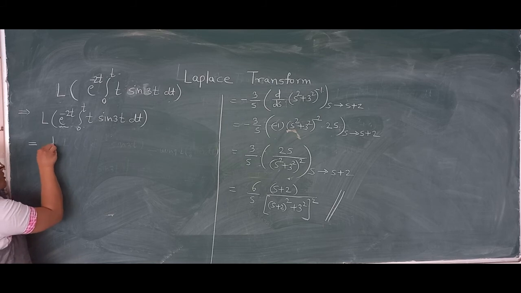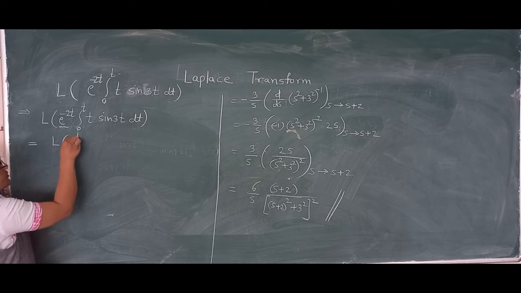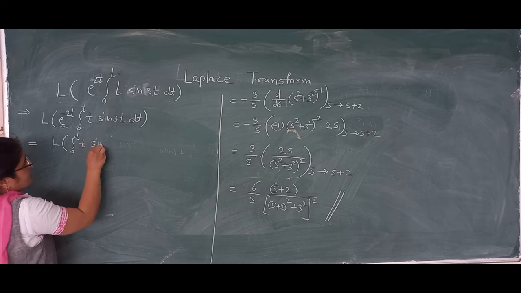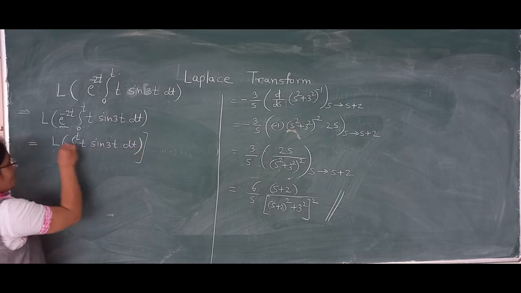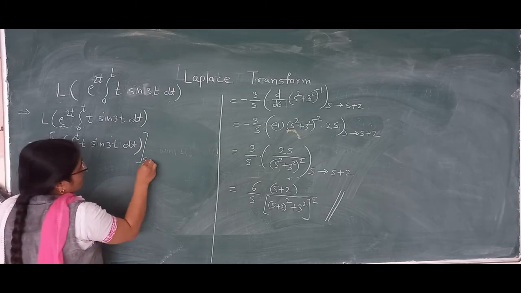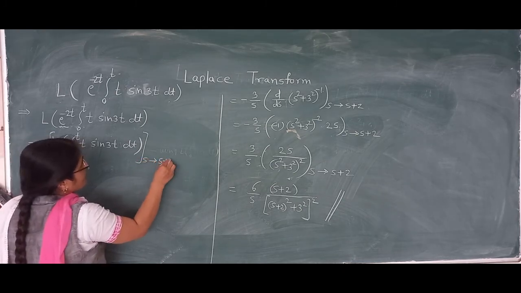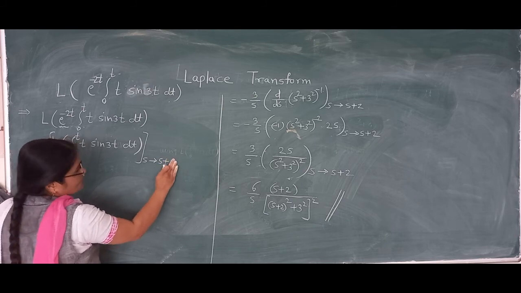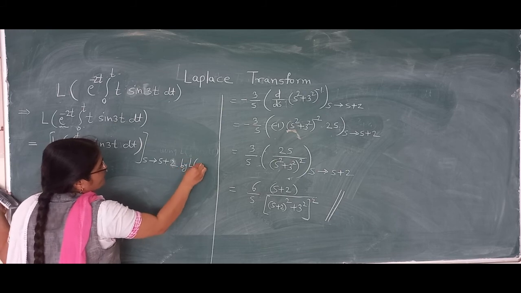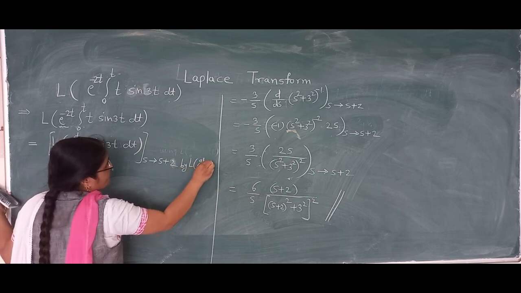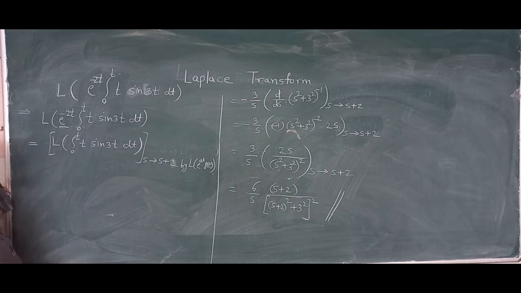So here Laplace of integration 0 to t, t sine 3t dt, and whatever may be the answer, the answer should be shifted by s plus 2 by Laplace of e raised to at f of t property, because we have first made it to exponential.